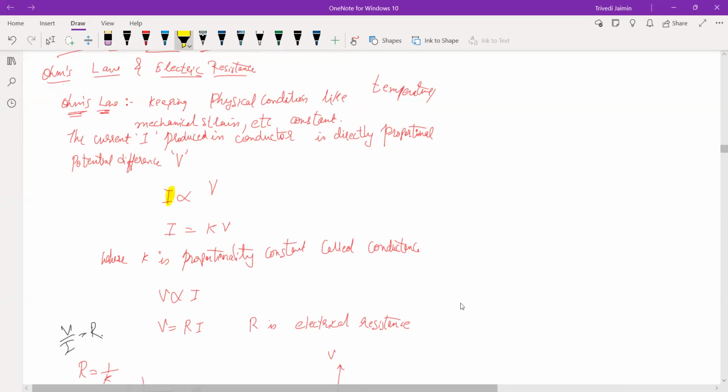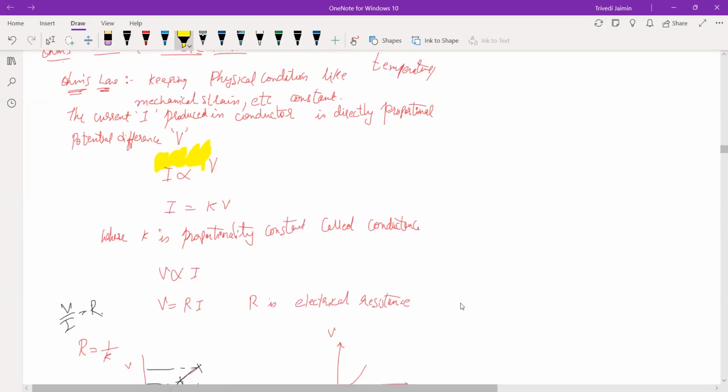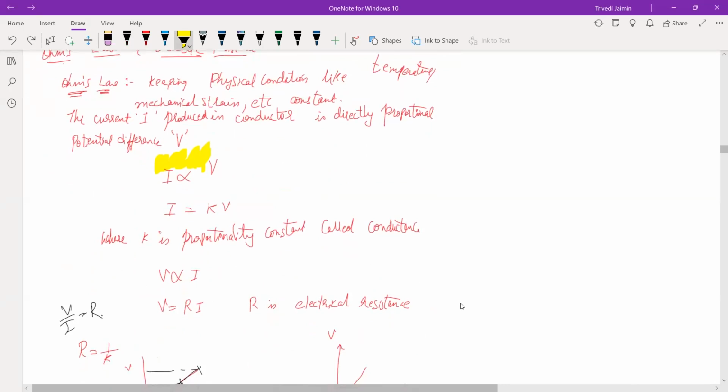V is proportional to I. When V is proportional to I, we are keeping all other things constant, like pressure and temperature.